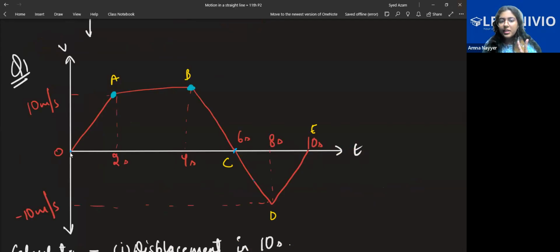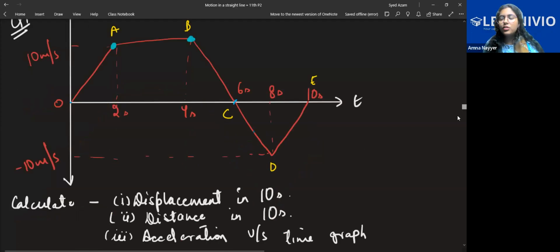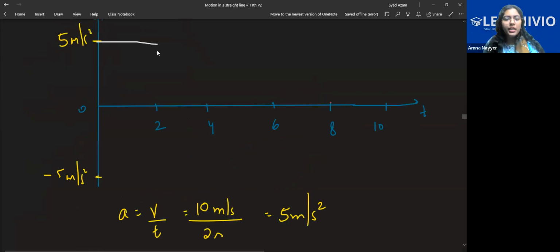Here it was changing from 0 to 10, it increased. Here it is constant. Or second way is through the graph: a constant line means theta is 0, slope is also 0, right? So acceleration is 0 in this interval. So till 2 seconds acceleration is existing, then 2 to 4 seconds, this is 0.